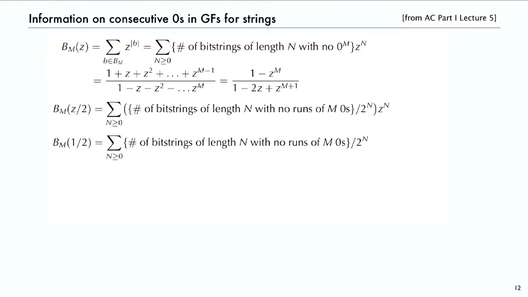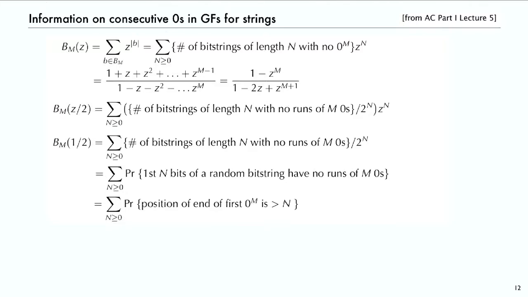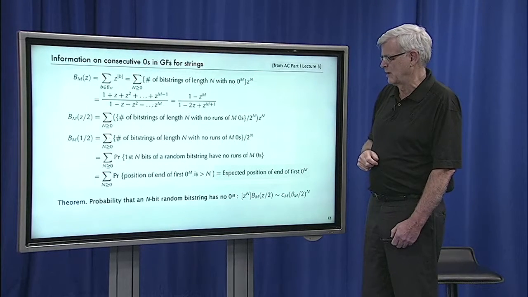So, evaluated at z equals 1/2 is really what we're doing. So that gives the number of bit strings with no runs of m zeros divided by 2 to the n. That's the probability that the first n bits of a bit string have no runs of m zeros. And we're summing those probabilities. That's the same as the probability that the end of the first run is bigger than n, and that gives the expected position of the end of the first occurrence of m zeros, just evaluating the generating function at 1/2.